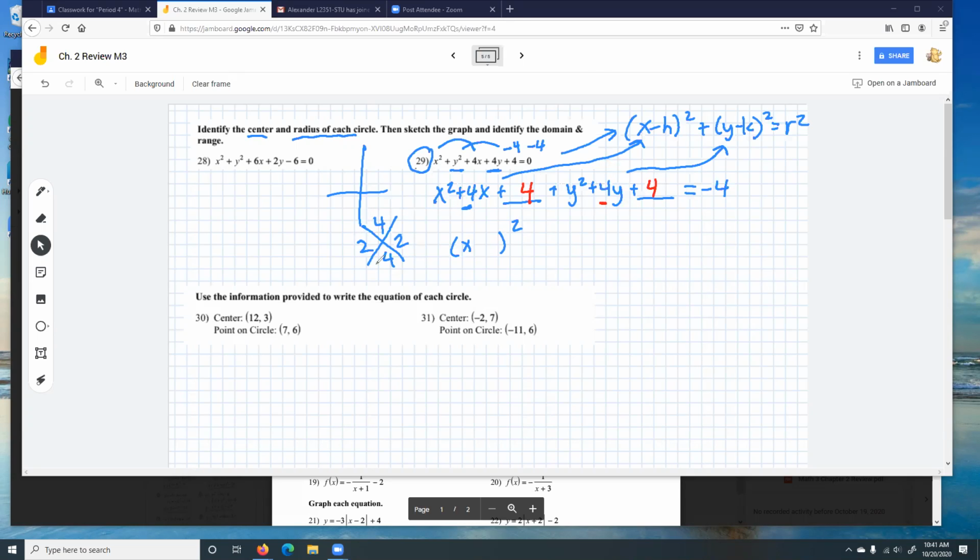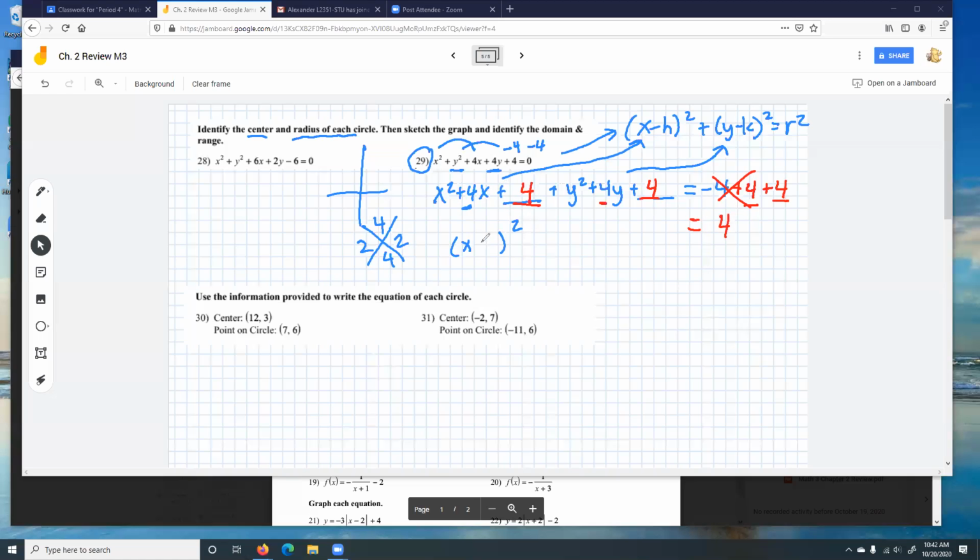Because it's the same triangle diamond thing. So since I added 4 and 4 here, I need to add a 4 here, and I need to add a 4 here, right? Well, -4 plus 4 is 0 plus 4.